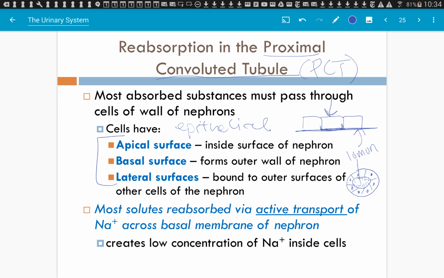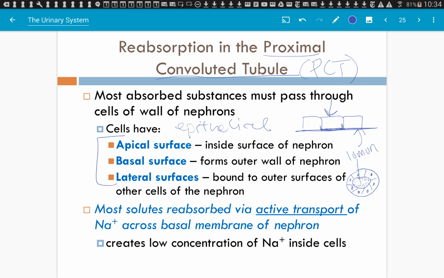Remember, most things that are reabsorbed out of the nephron, most of it is by active transport. Some is not, like water wasn't. In most places, water was diffused across passively. There's a few others, so you want to remember that.